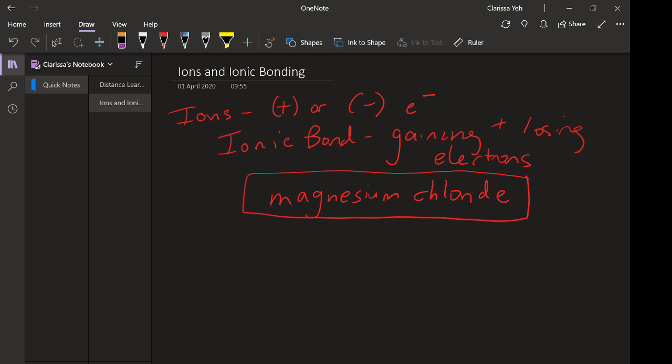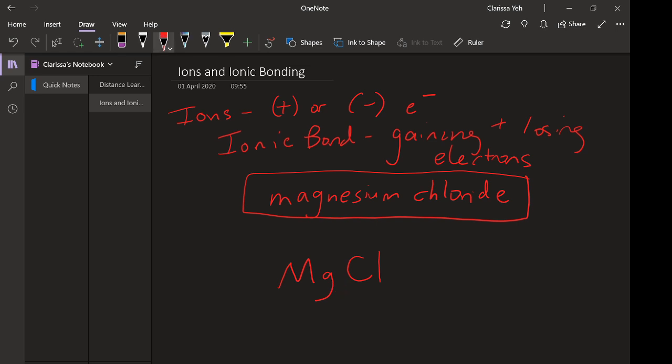So when I write magnesium chloride, I look at my periodic table, I see that my symbol for magnesium is Mg, my symbol for chloride is Cl, but I don't know if that's right yet, because I don't know how many magnesiums I have, and I don't know how many chlorides I have.